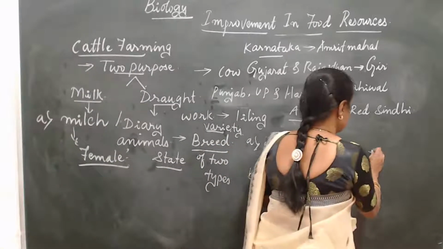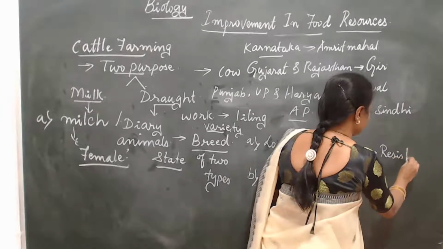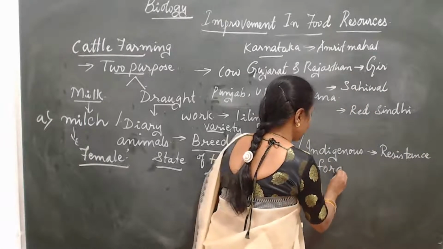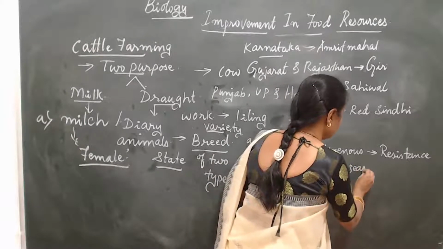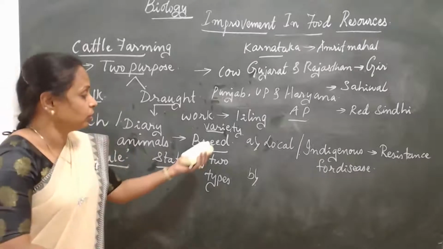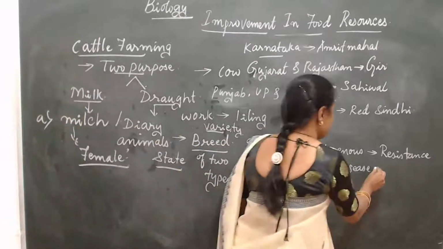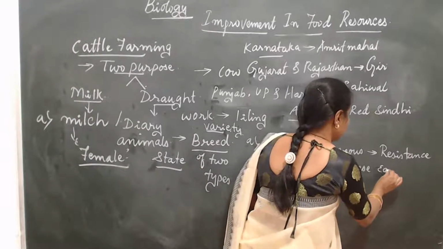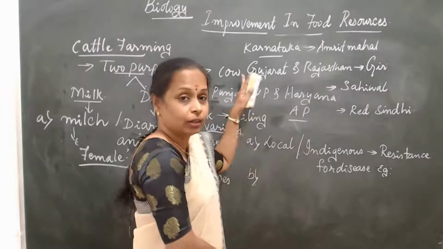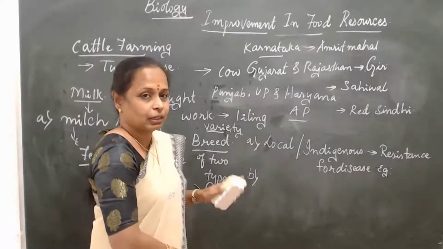These are the type of cattle which are resistant to a particular disease. Under the local breed, we take the animals that are particular to a state, the respective state.